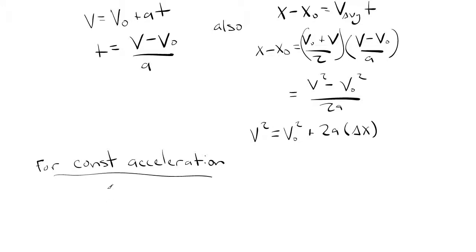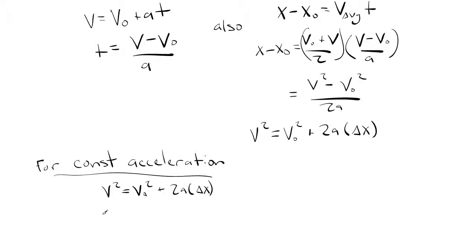Constant acceleration, we have v squared is equal to v naught squared plus 2a delta x. A lot of the times you'll just see this written as x instead of delta x, which just uses the assumption that x naught is 0. Write it however you want, but understand that this should be a difference, even if one of those numbers in the difference is 0.